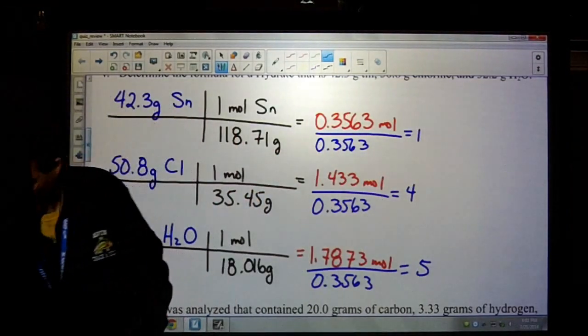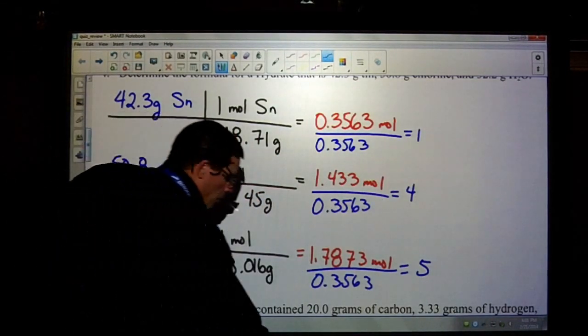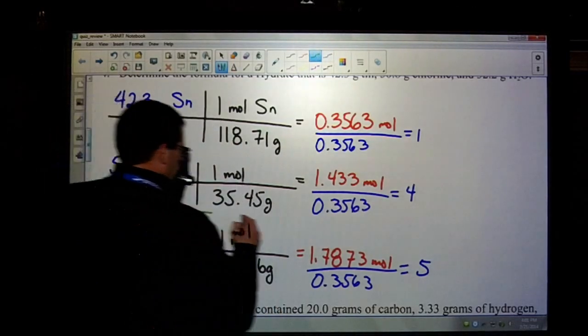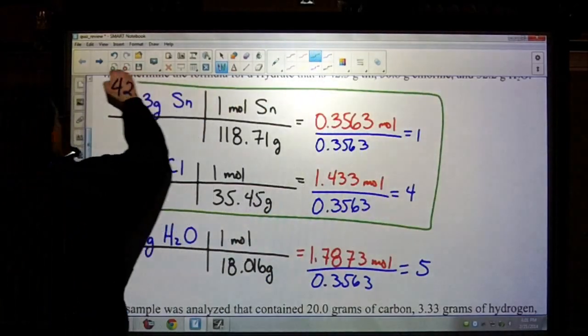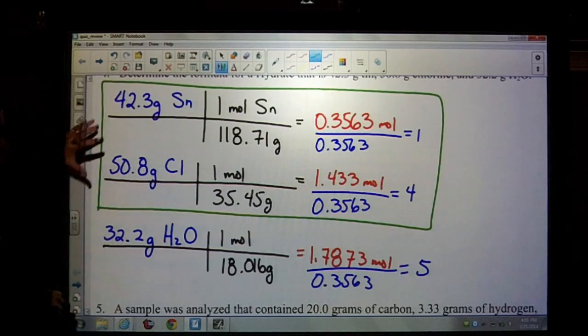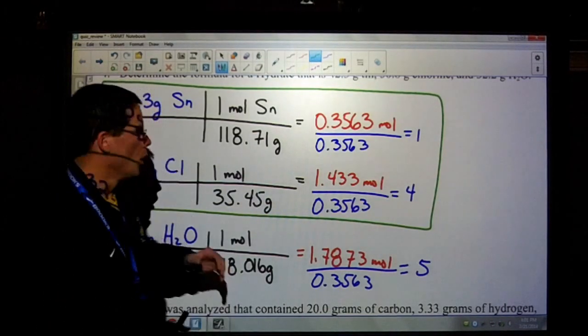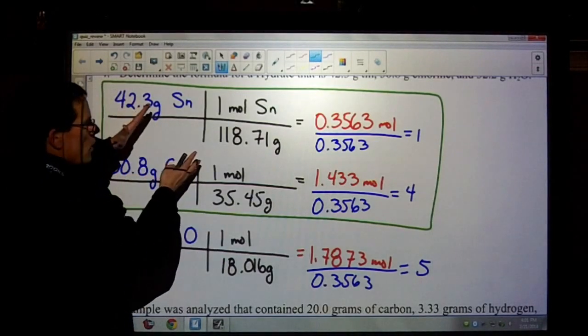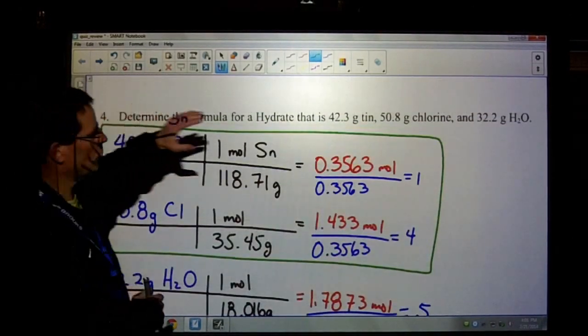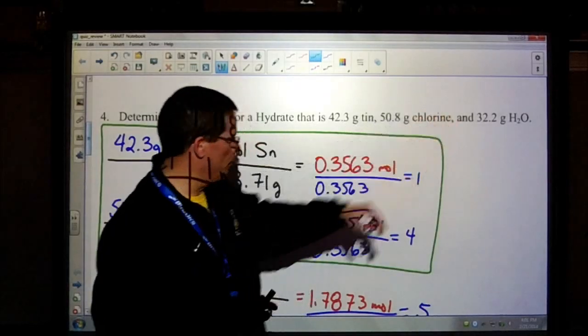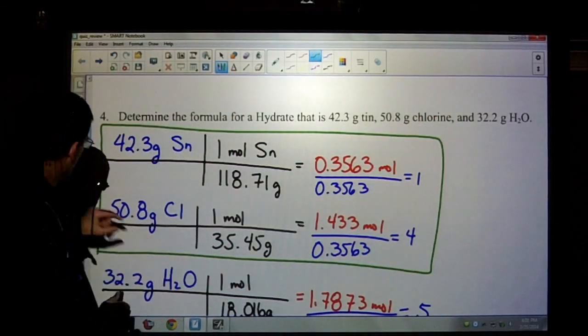All right, so now how do we put this together? Well, keep in mind that this is our compound, okay? So this stays together, and remember, the formula for a hydrate, we're always going to have one of whatever it is, this tin with chlorine compound, and then looks like we're going to have a ratio of 5 there.